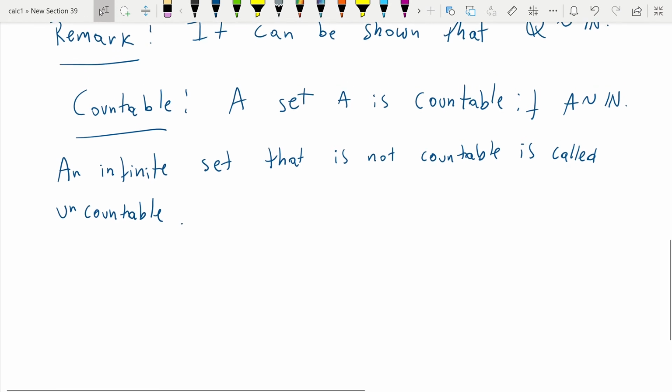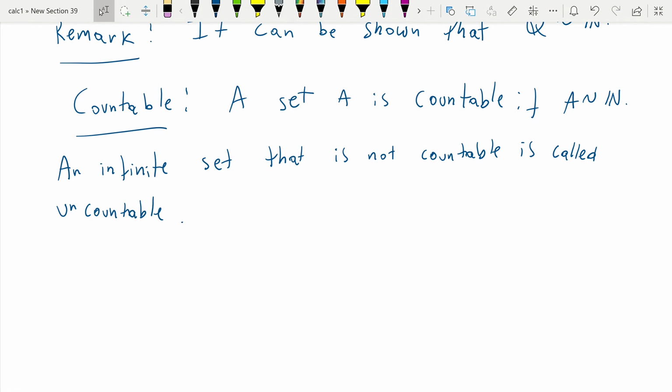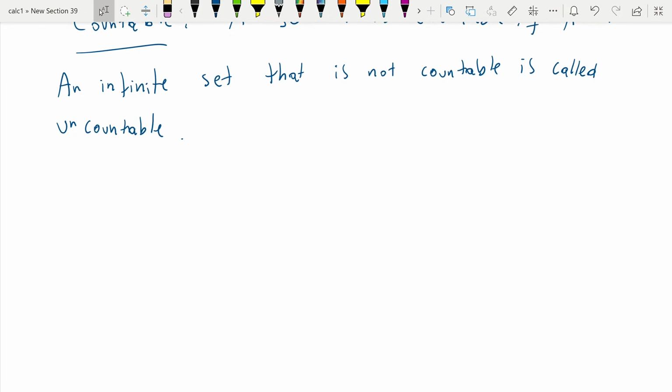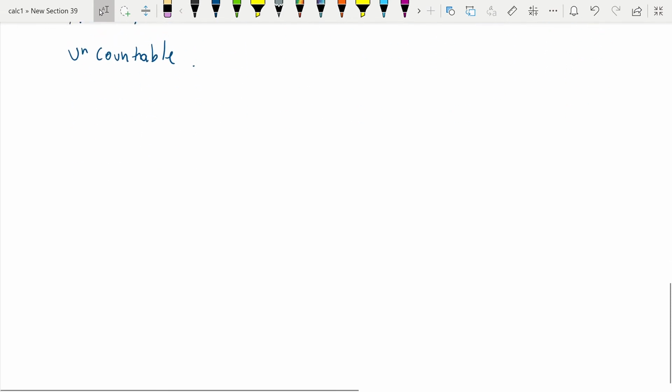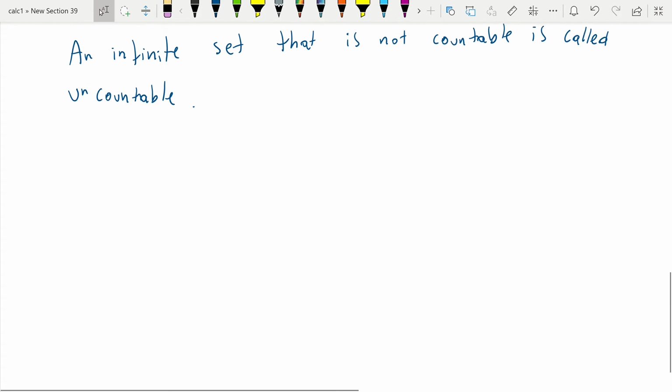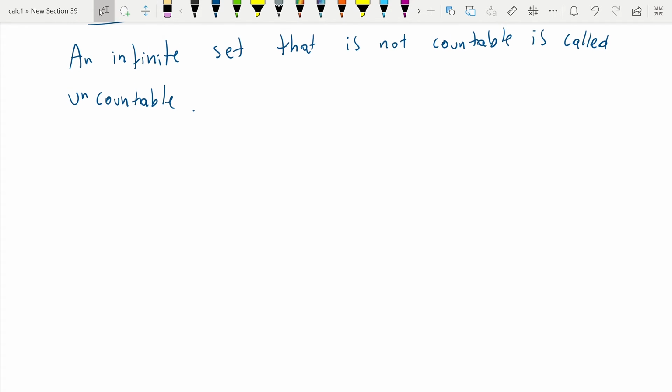But since we just constructed the real numbers, which included the natural numbers, we may ask ourselves whether it has the same number of elements as N or not. As with Q, it's a natural question, and since Q has the same cardinality as N, this is a very valid question.